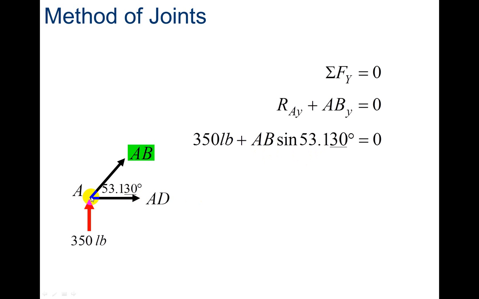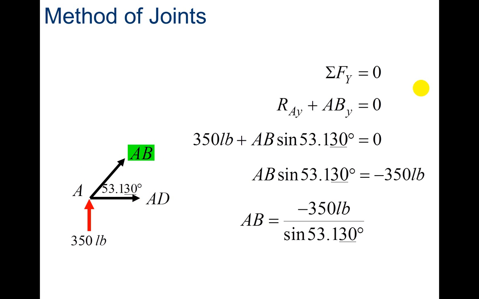The reason we're using sine in this case is because I'm trying to find the Y, which would be opposite, and opposite is going to be your sine. So then I can solve for AB, which is negative 438 pounds. Now, because it's a negative, I know it's under compression.